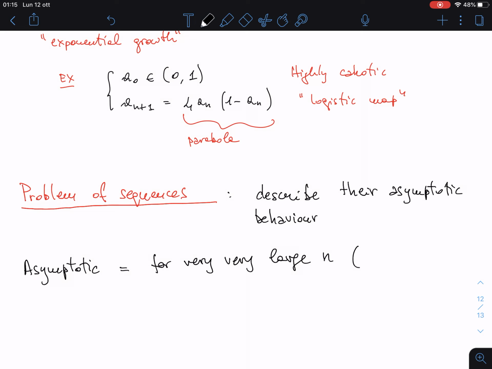And symbolically we'll always write n much greater than 1. Okay? And so this is the idea.